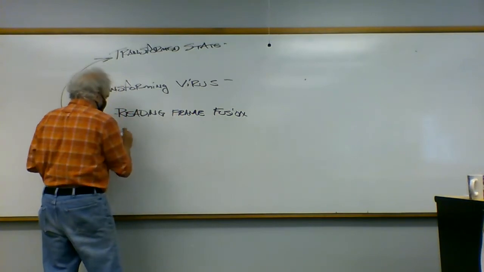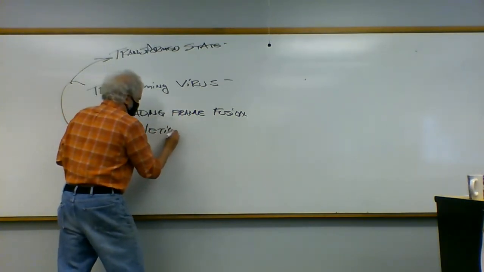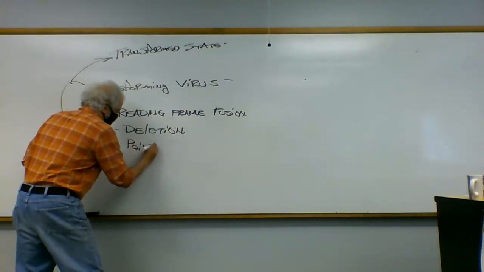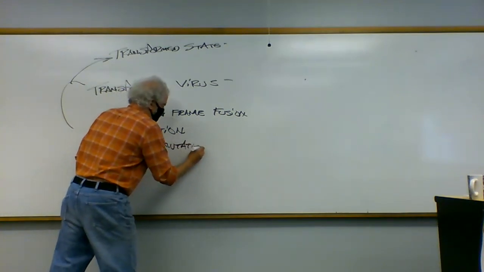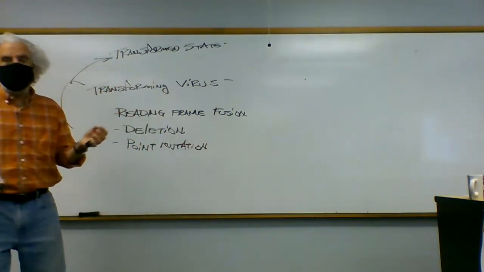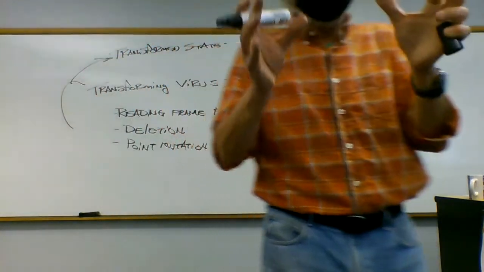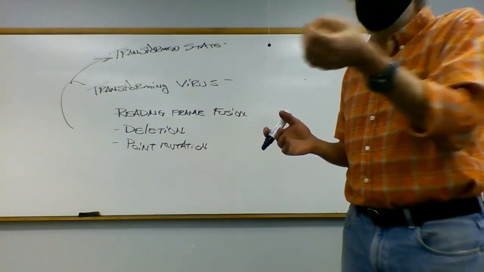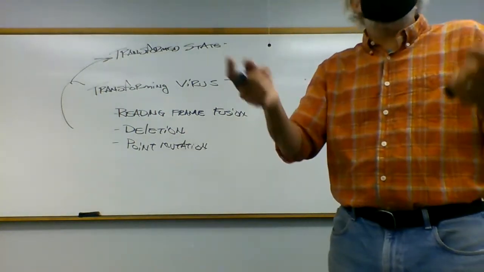You might have some kind of deletion. You could even have things that are fairly small, like point mutations. There are a range of different kinds of phenomena that are observed that turn a cell signaling protein into an oncoprotein, a gene that codes for a part of the cell signaling system into oncogenes.